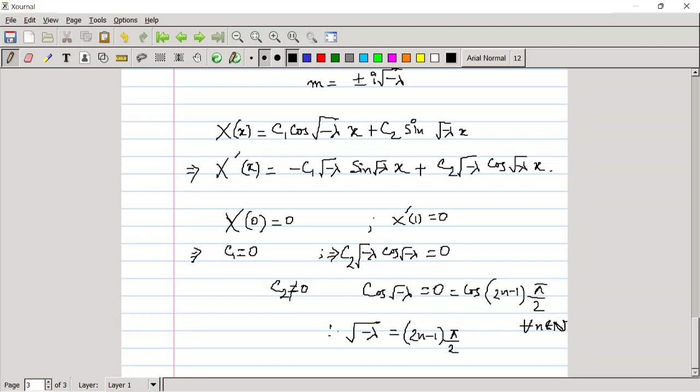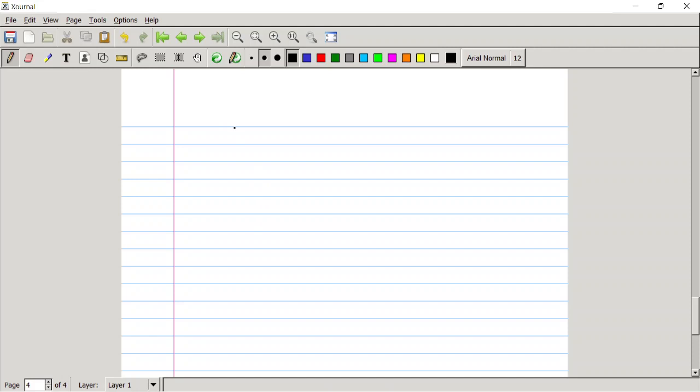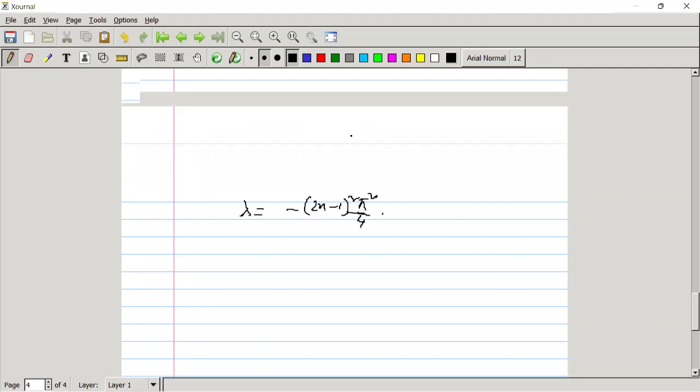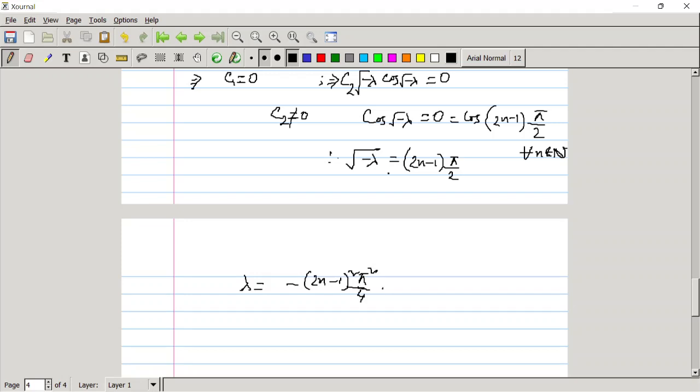So what is my lambda? I got lambda equal to minus (2n minus 1) whole square pi square by 4. I just squared both sides because root over minus lambda is there, then took the minus. Then I got it like this.